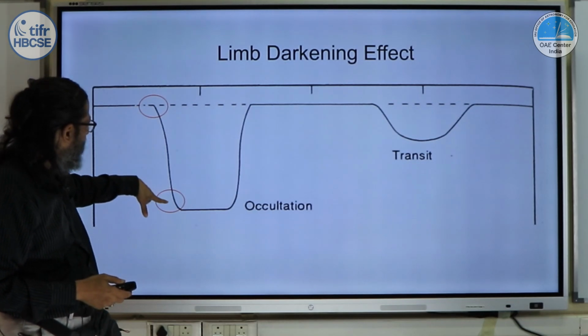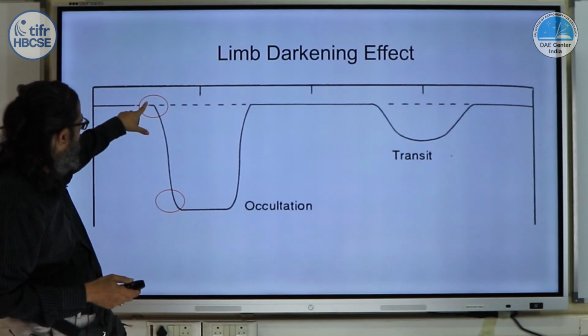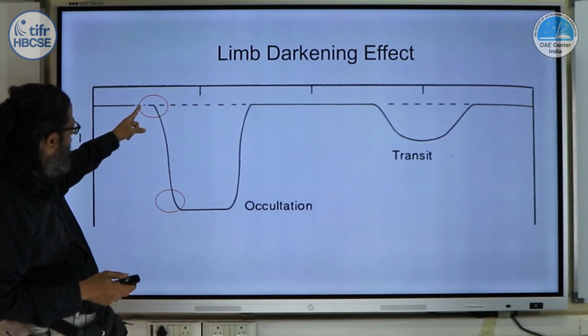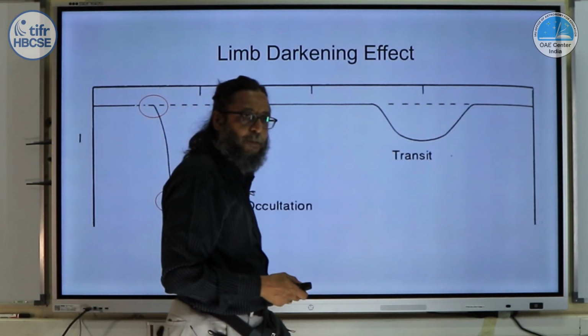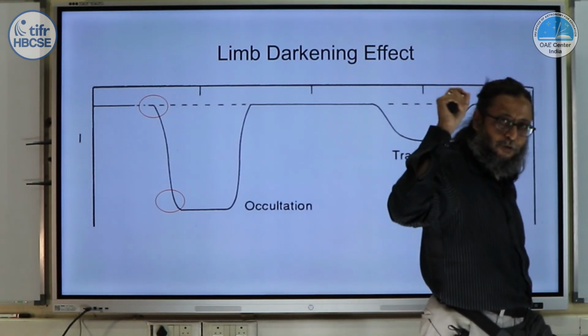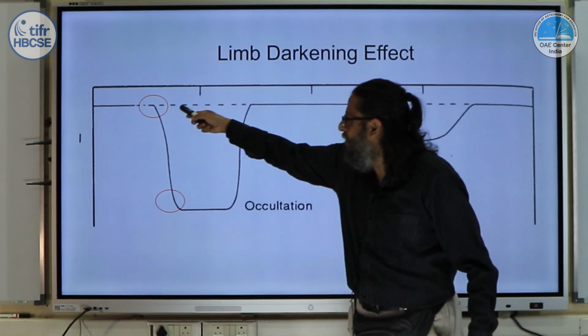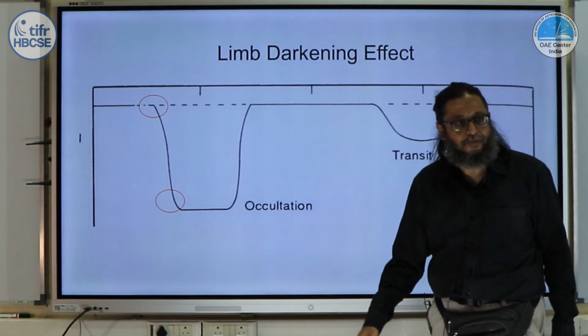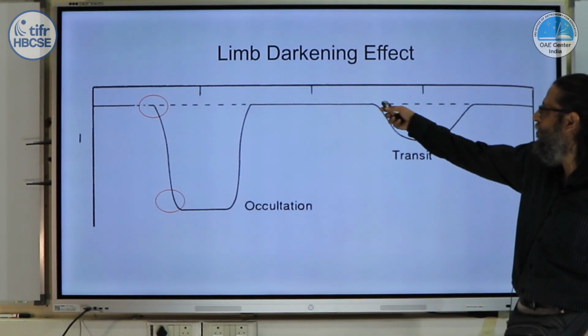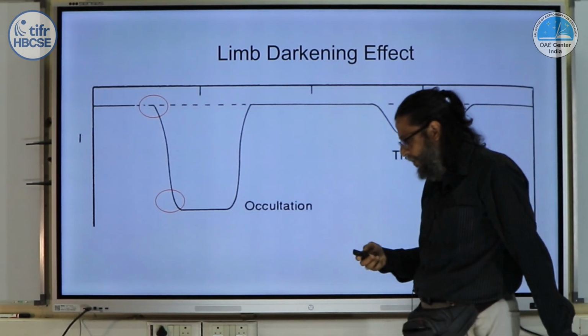That effect you see near the contact points, the first contact, fourth contact, you see this kind of feature. In the second and the third contact, you see this kind of feature. Okay. Similarly, you see it in the second occultation also.